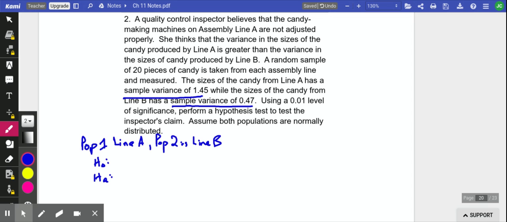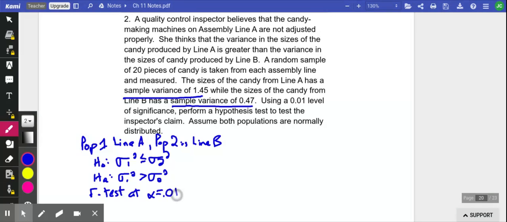She thinks the variance in sizes of A is greater than the variance in B. So she says that the variance in line A is greater than the variance in line B. So our null hypothesis is going to be the opposite of that. All right, we are doing an F test, or an F distribution, at alpha 0.01.